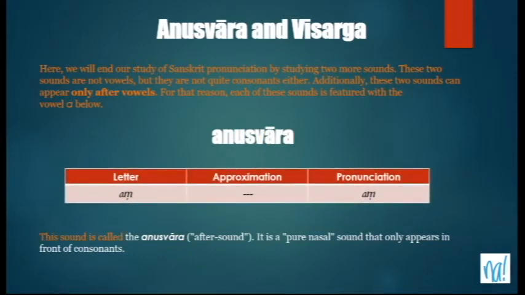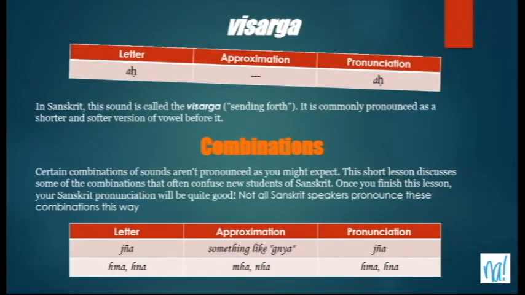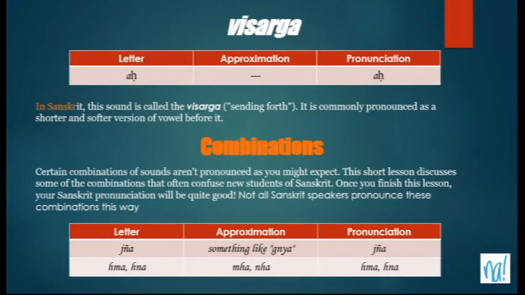This sound is called the anusvara, after-sound. It is a pure nasal sound that only appears in front of consonants. Visarga: aḥ. In Sanskrit, this sound is called the visarga, sending forth. It is commonly pronounced as a shorter and softer version of the vowel before it.